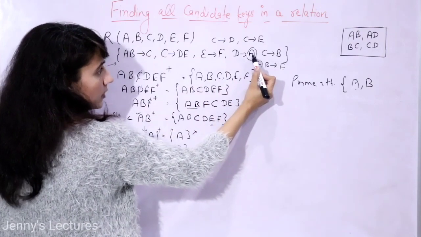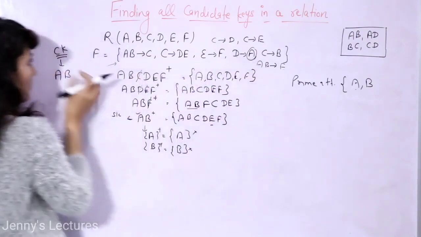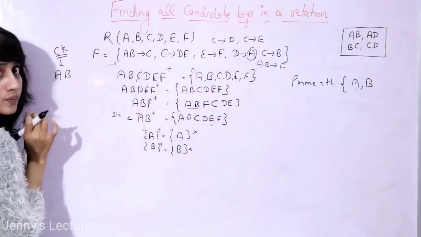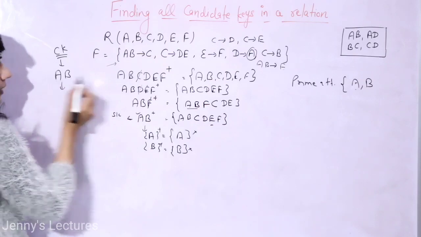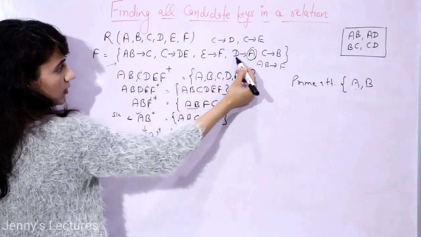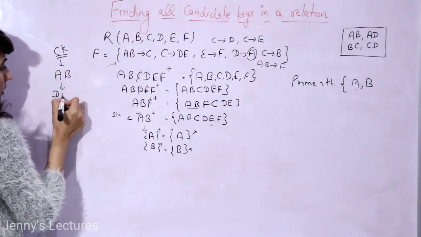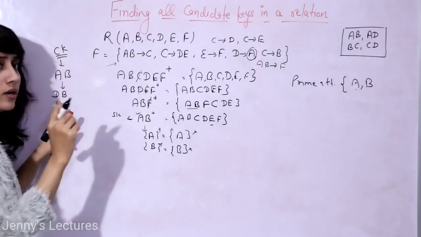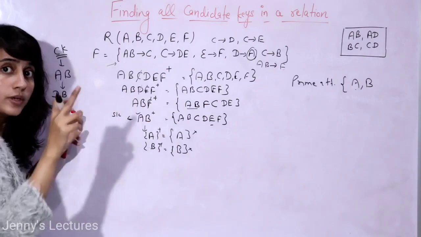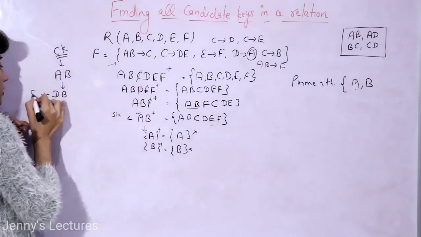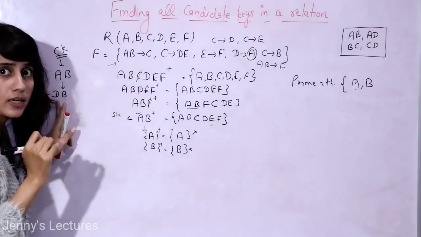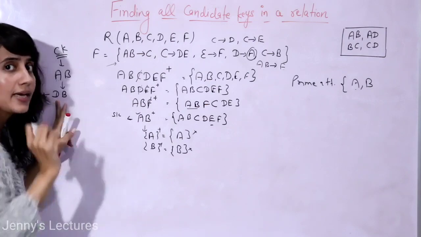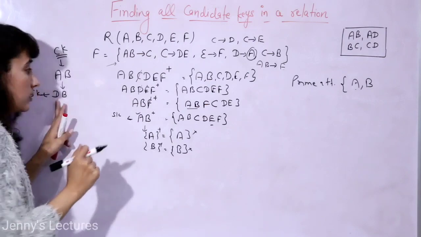Now you replace this A with D in the candidate key you have. Now we have A, replace this A with D. So I have now DB. But here now you cannot say that DB will be a candidate key. Yes, I can say that DB is a super key, definitely, but I cannot say that it is definitely a candidate key. How to check out this thing?